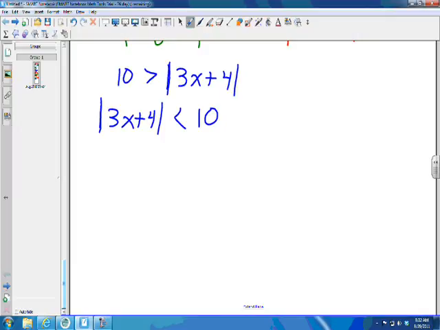It's not just a 3x. This whole thing is going to be in the middle. 3x plus 4. Whatever that is, goes in the middle. Okay? What goes over here on the left? Excellent. Negative 10, less than that, less than positive 10.